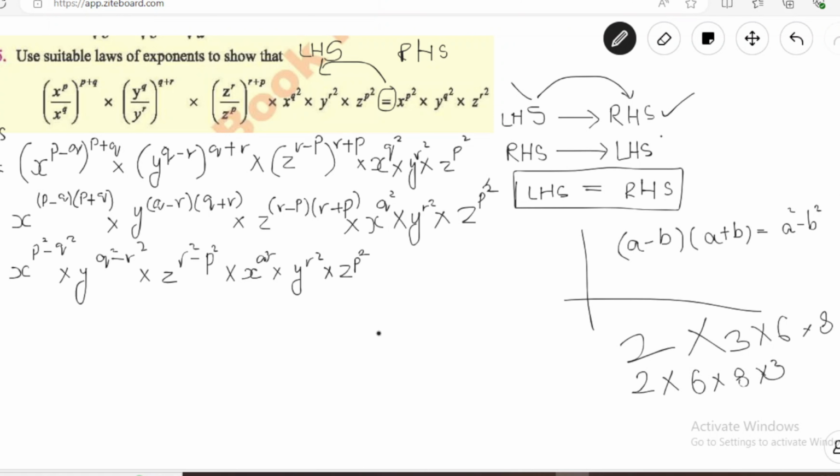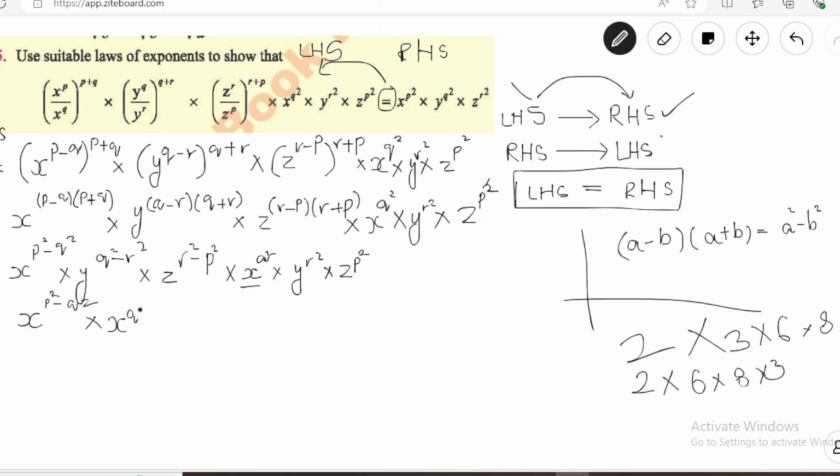We're going to do a similar thing here. We're going to write the terms which have the similar base together. So x raised to the power p square minus q square, and the other x, having the same base, will be rearranged and written here because multiplication is commutative.